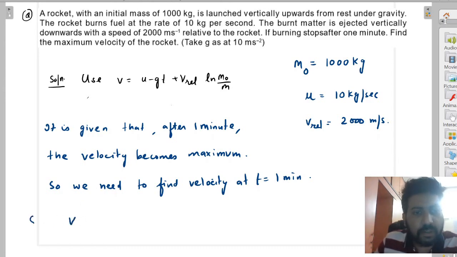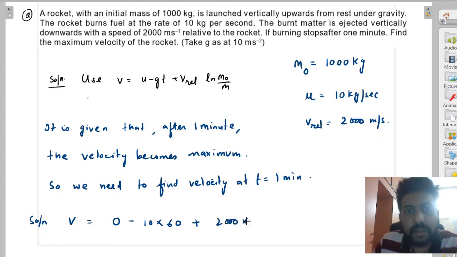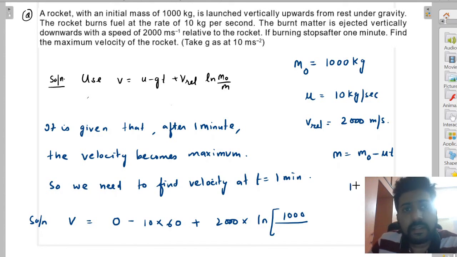So you will write v is equal to u, that is, the initial velocity is 0, minus gt, gravity is there, so 10 into t, t is 60, 1 minute is 60 seconds, plus v relative is given as 2000 meter per second multiplied by ln, initial mass is 1000 kg, divided by final mass m, where m is m naught minus mu t, that is 1000 minus mu, 10 into t, 1 minute that is 60 seconds.